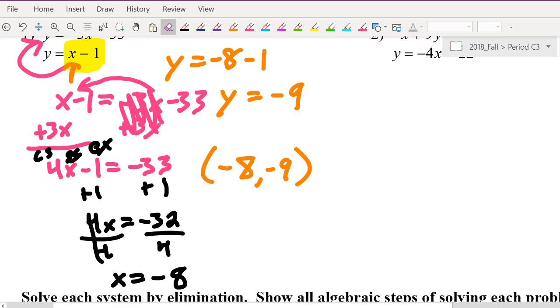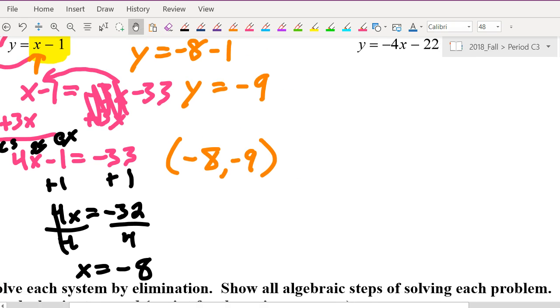You'd have to do it in both equations to make sure it makes both of them true. I'm not going to do it now because I don't want to run out of time on our YouTube video. On the test, you might want to wait till you finish all the problems, because if you get whole numbers, you're probably right if you don't have fractions.